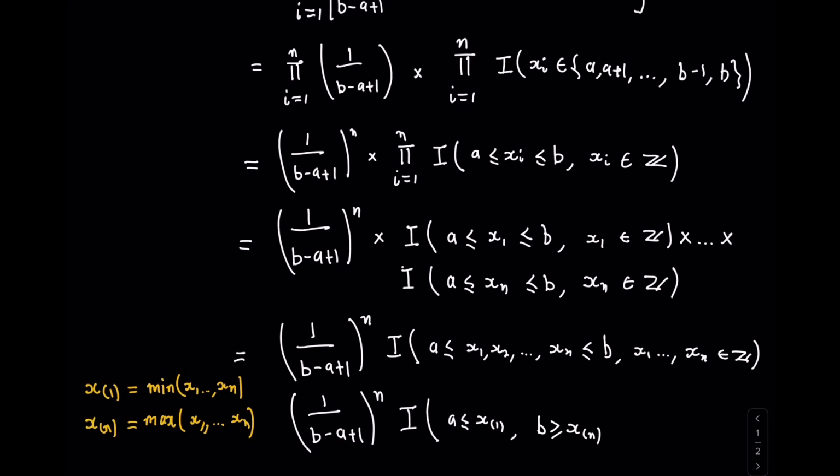Otherwise, this statement isn't true. So the minimum value has to be greater than a and the maximum value less than b. And then of course you still have the condition that x1, x2, up to xn are elements of Z over here. So that's the likelihood function.